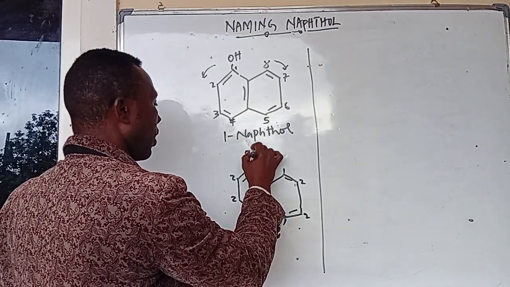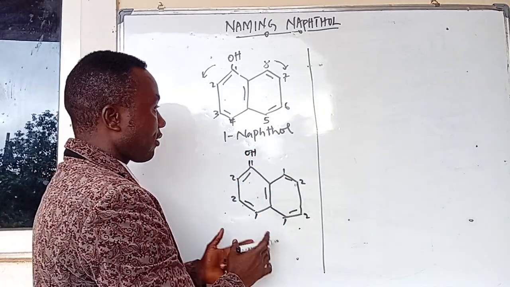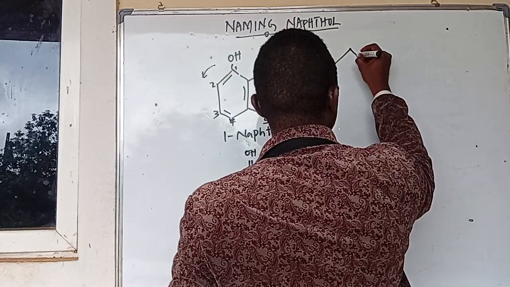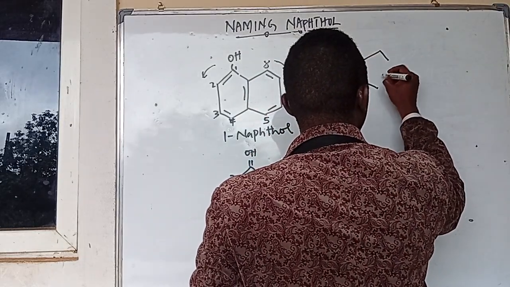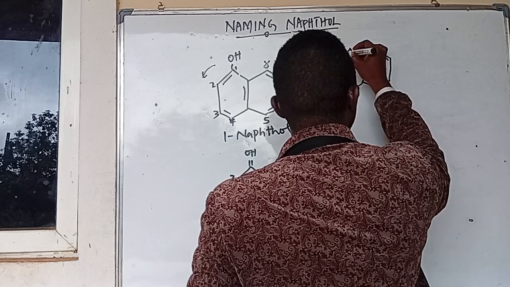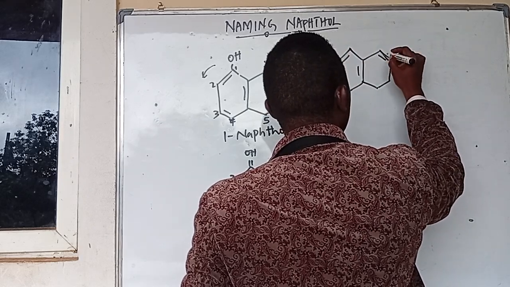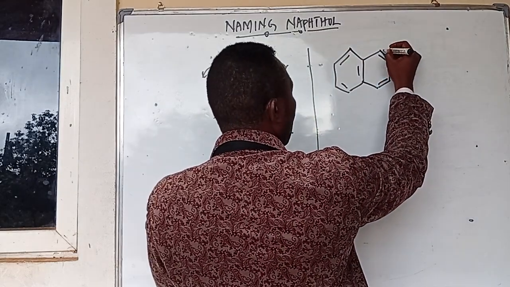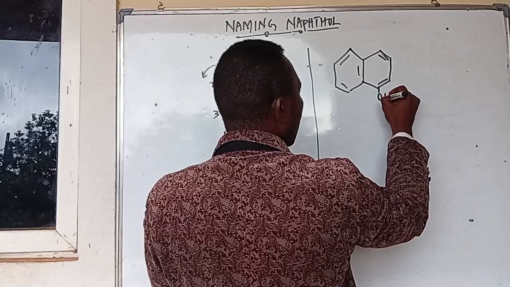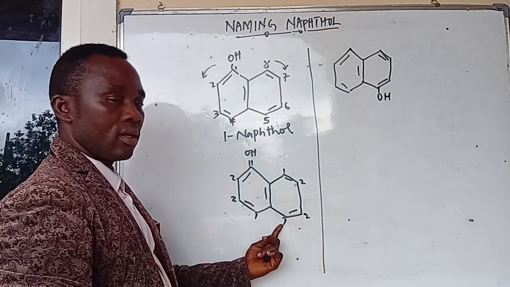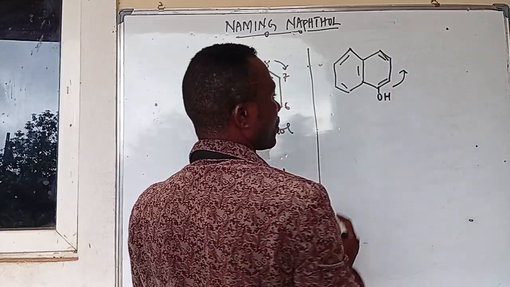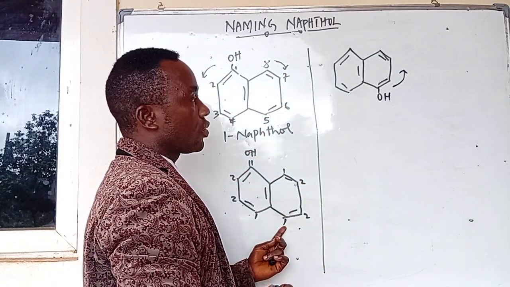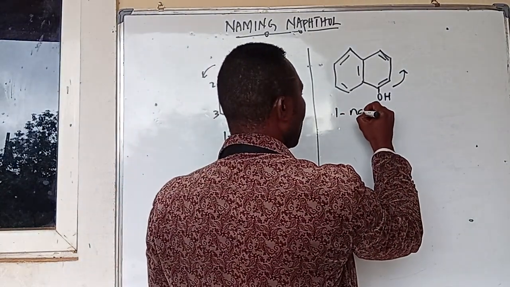So we have our OH here for it to become naphthol. If I have this compound here and I put OH here, what will it be? It becomes 1 naphthol, because you are going to number through the other way. So this is 1 naphthol.